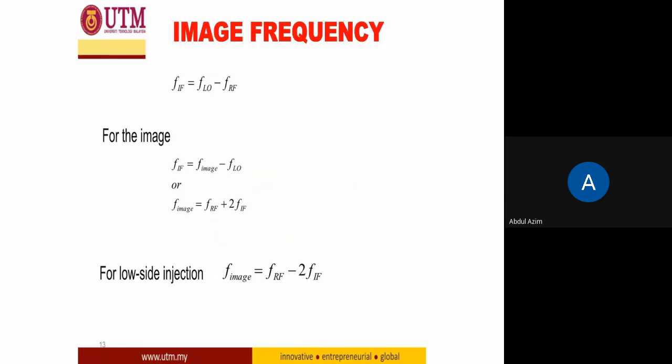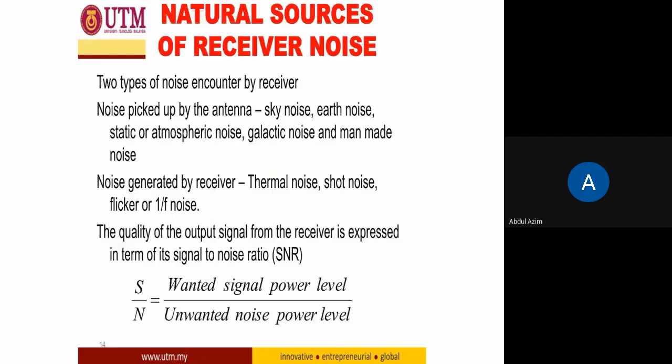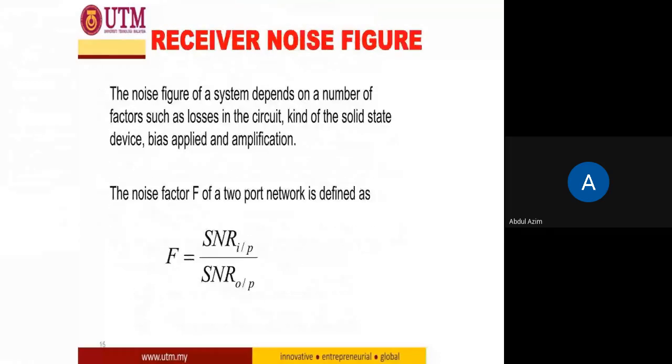You can refer also to some of the notes from the microwave engineering book, whether you get it in hard copy or soft copy. Last week I also explained about the signal to noise ratio concept. You can refer to the previous video if you want. This one I don't touch.